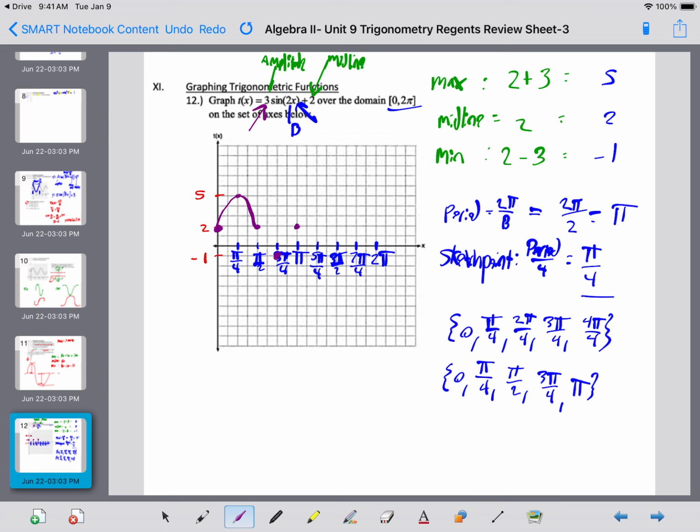That right there is one full cycle, but it wants us to show over domain 0 to 2 pi. So let's do another. You're going to basically repeat everything that we just did. So up, down, down, up. And that would be t of x.